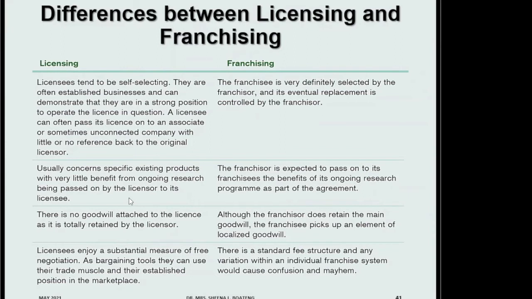So as a franchisee, you can apply to use someone's franchise and you can get turned down because perhaps the franchisor does not like you or did not believe that you are good enough to represent their brand in that foreign market, right? And licensing usually concerns specific existing products with very little benefit from ongoing research.